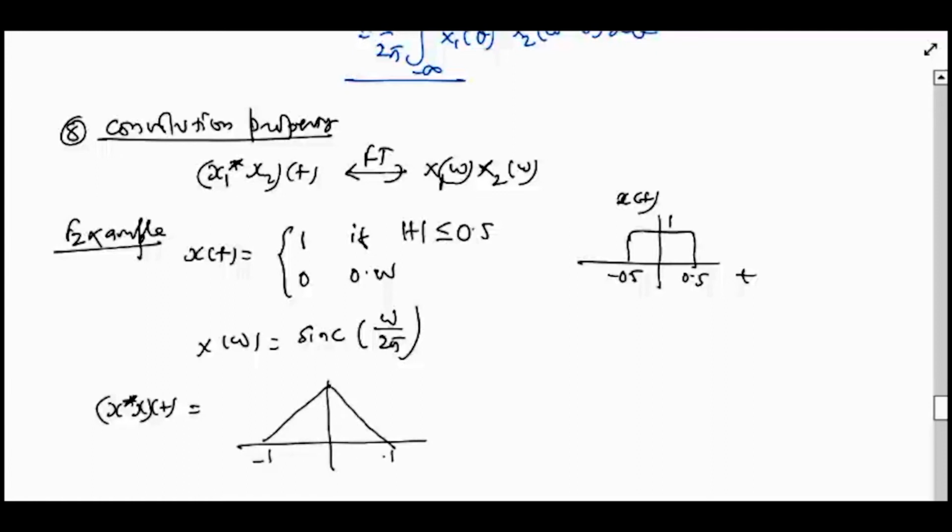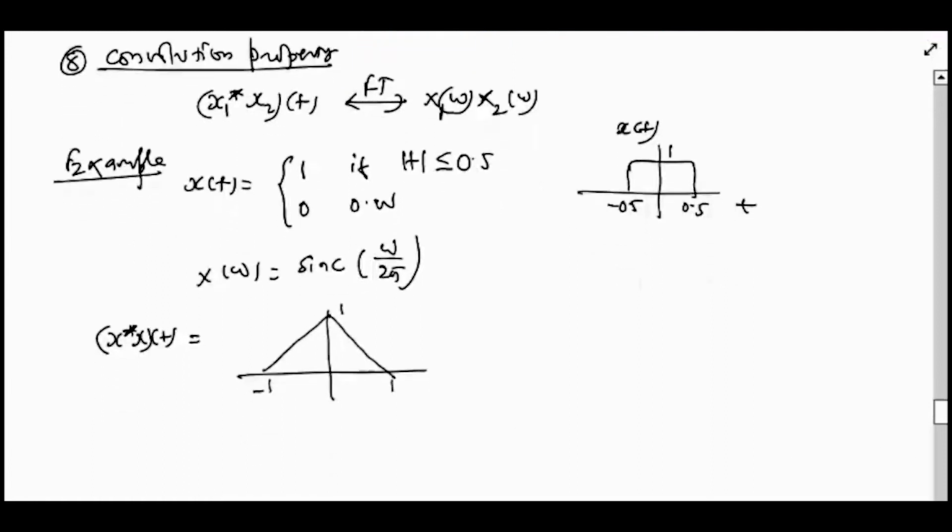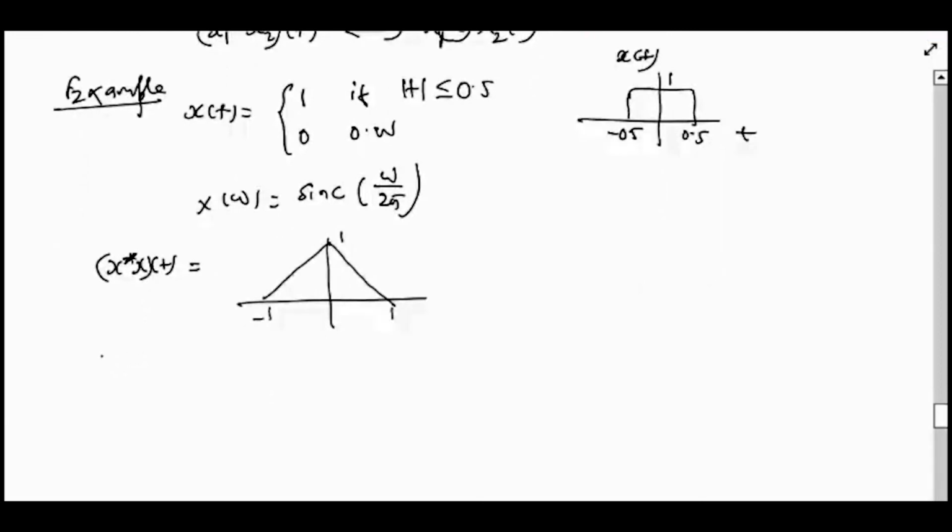Namely, it is this function, and the above convolution property states that the Fourier transform of this pulse is sinc of omega over 2 pi, whole squared. Okay, so this way we get the Fourier transform of a triangular pulse from the Fourier transform of a rectangular pulse.